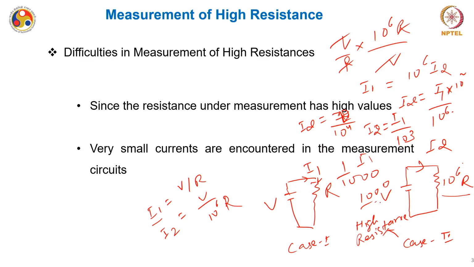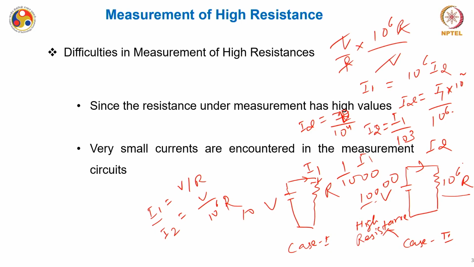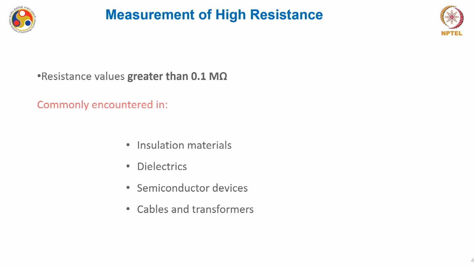Of course, in a practical sense, if it was 10 volt and now I am making it 10,000 volt, that is very difficult to measure, but still, even then the current values have not gone very high. It is still very, very low. So very small currents are encountered in the measurement circuit when you try to measure very high resistance.